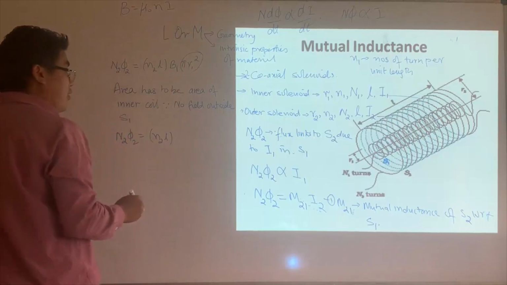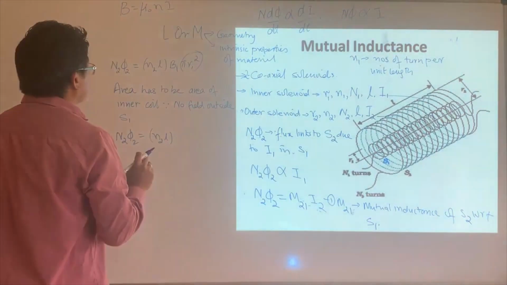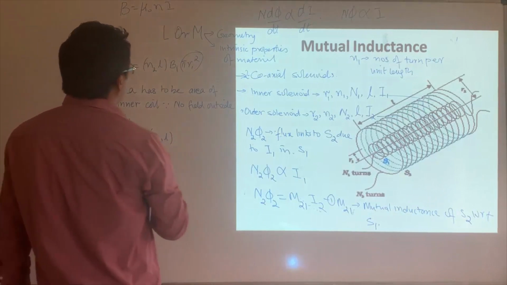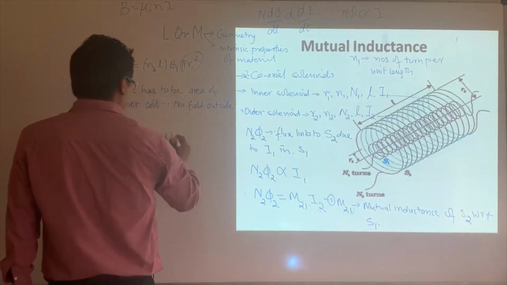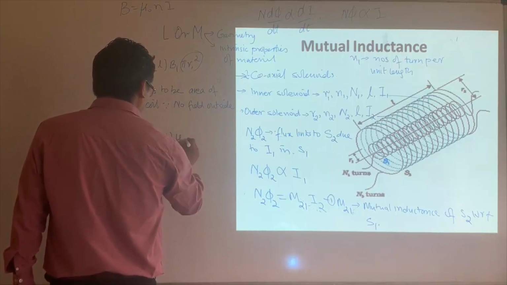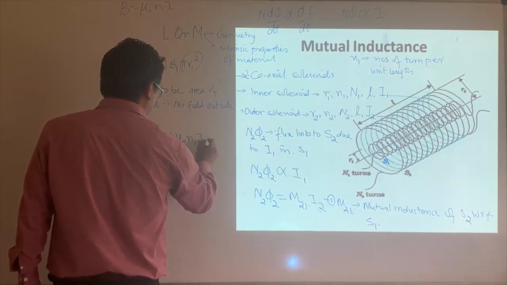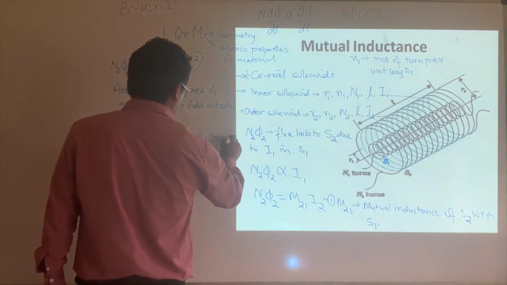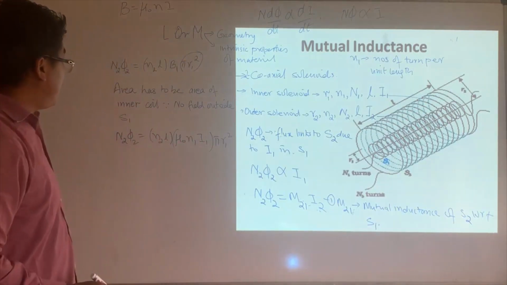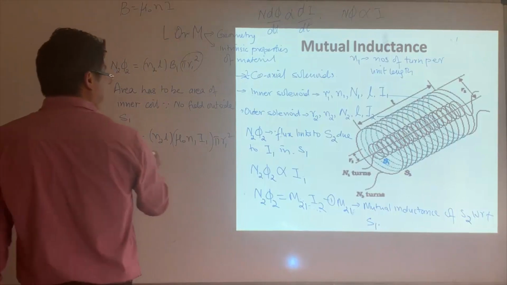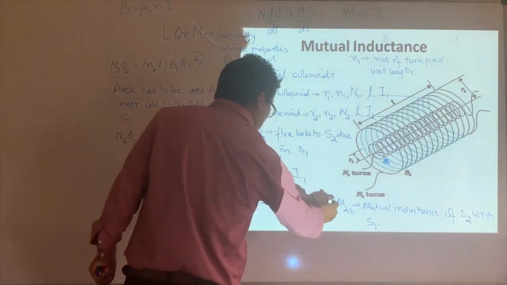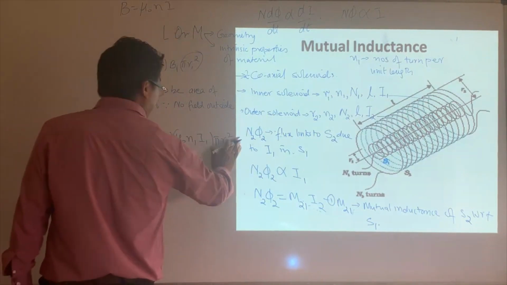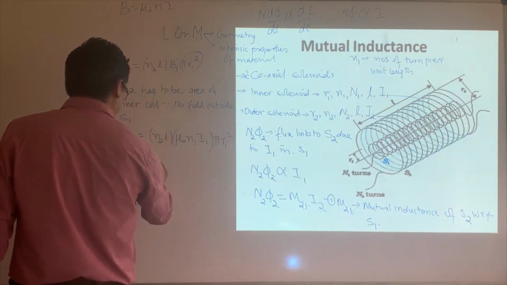Why? This is the magnetic field of solenoid 1, and what is that? B1 is mu naught N1 I1 by L1. And the area is again A1 square. Now look at here, this is going to be equation 1 and this is going to be equation 2.